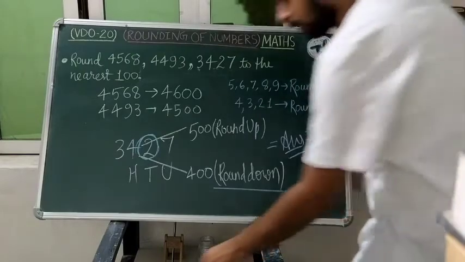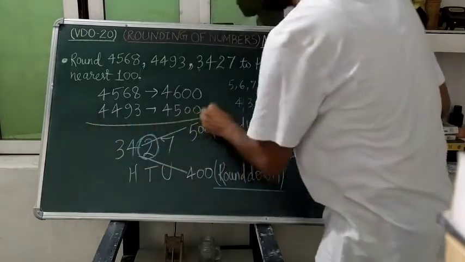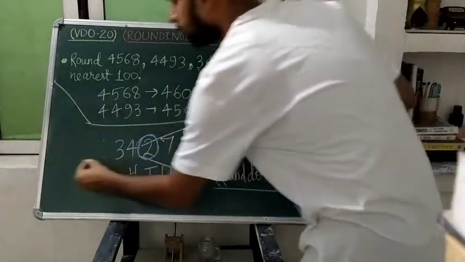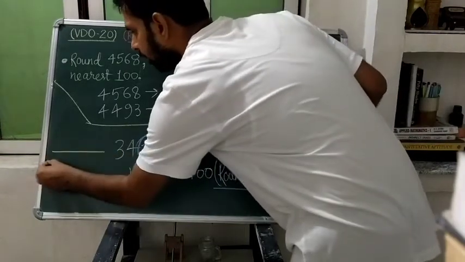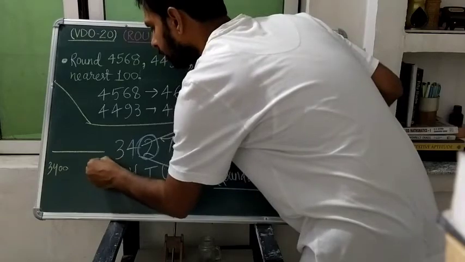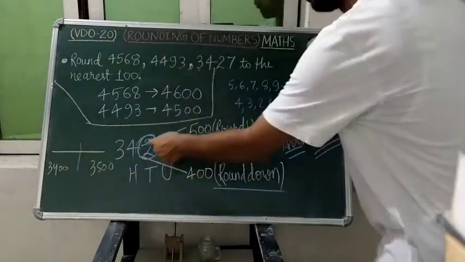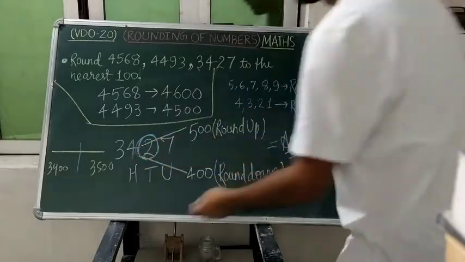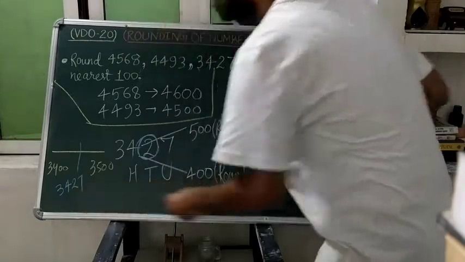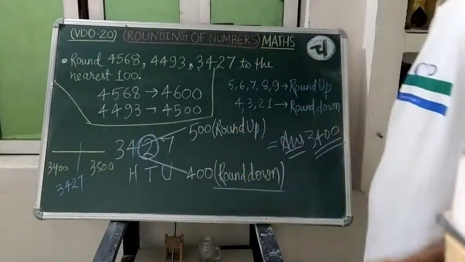And we can look as well that 3427 will come between 3400 and 3500. Isn't it? Somewhere here it will be present, and we have seen that we will round down in this case.